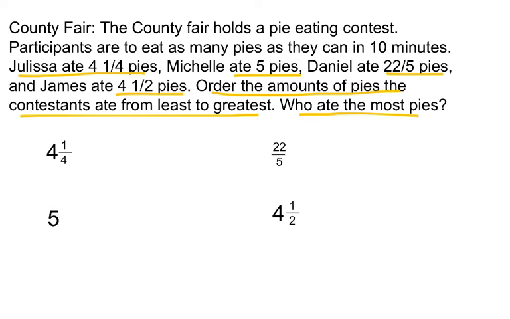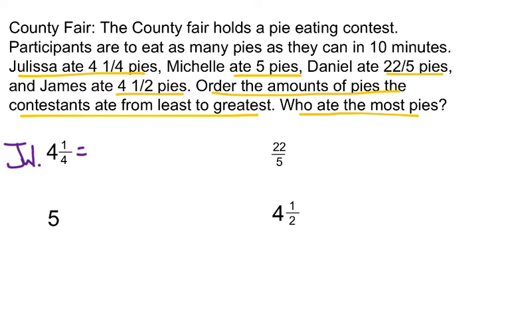So let's first start with 4 1/4. So we have Julissa. So Julissa ate 4 1/4. So first I'm going to change this into an improper fraction. And yes, you can change it to a decimal first. But in this case, because we've been working on least common multiple, we're going to continue with that and use the lowest common denominator, or the least common denominator.